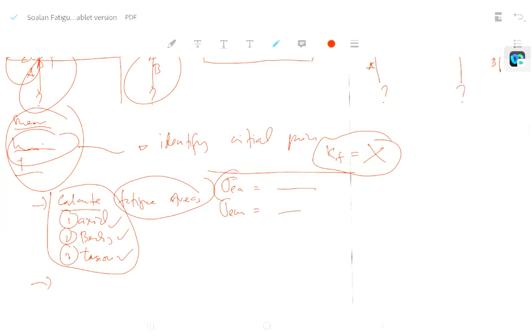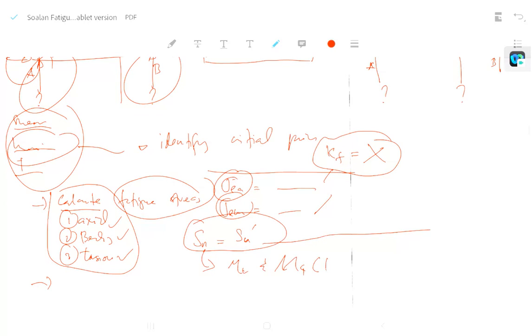This is quite tricky, which is axial, bending, and torsion. Once you have calculated this, you also have to calculate the endurance limit, so Sn prime, so Cl, Ct, and everything.